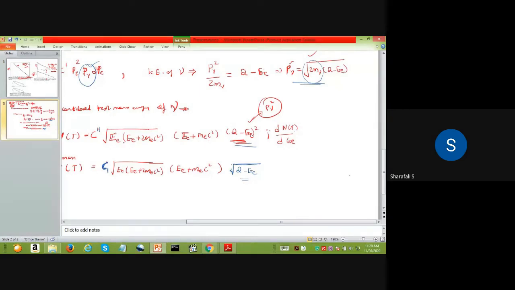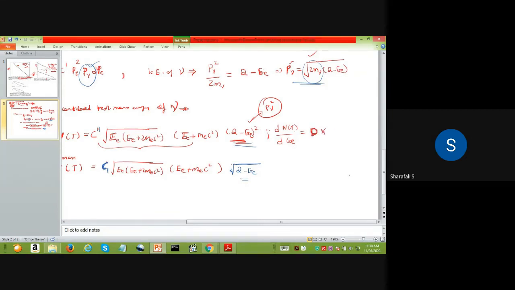If you consider all this bunch of terms as a single term, then there will be some term with some constant C, and some different constant D here.